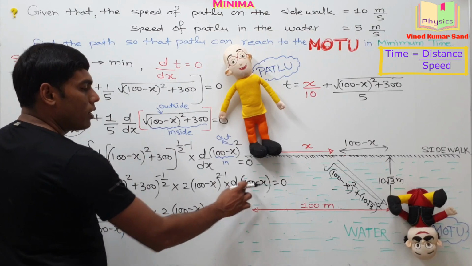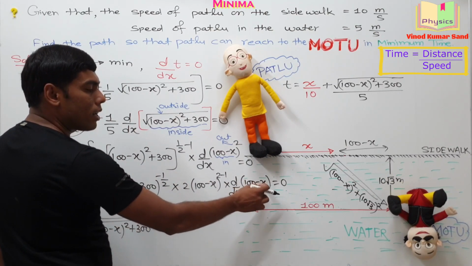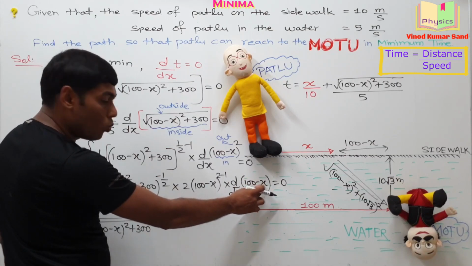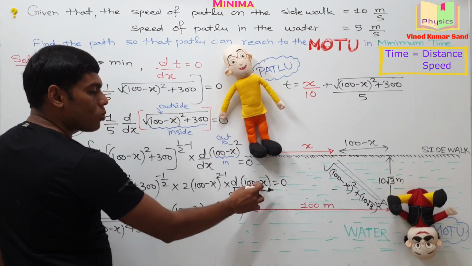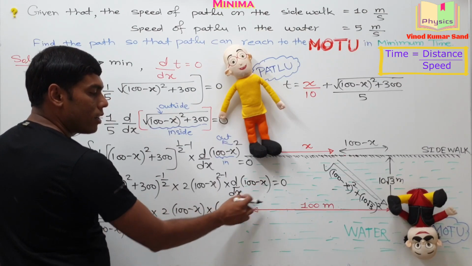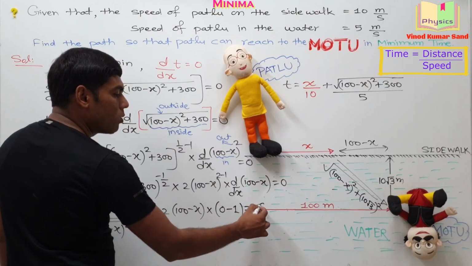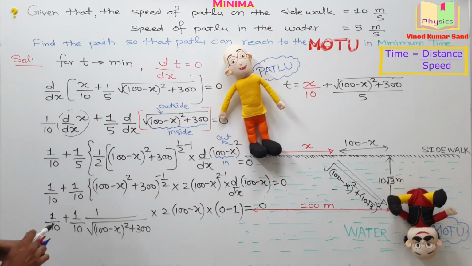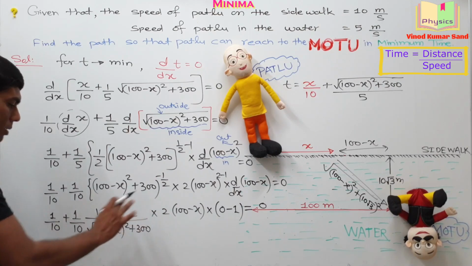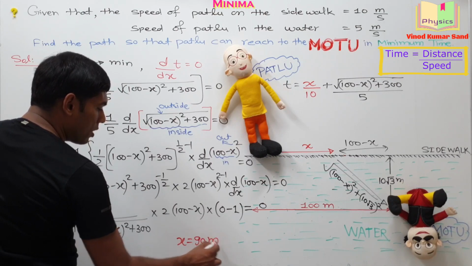D by dx of 100 will become 0 because 100 is a constant, and d by dx of x will become 1. So ultimately here you will be left with minus 1 because there is a minus sign already here. D by dx of x became 1. This all should be equal to 0. Okay. Now we have to simplify this thing, and on simplifying you will get x is equal to 90 meter.